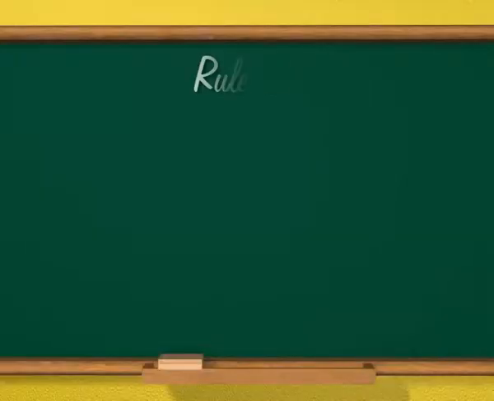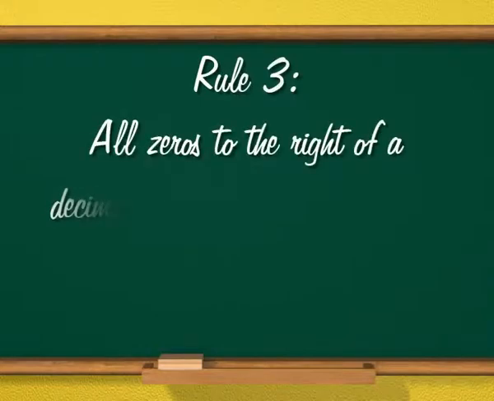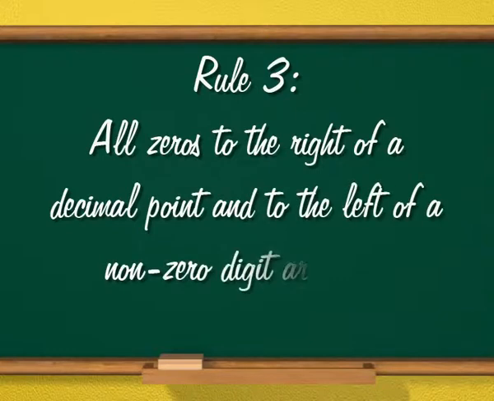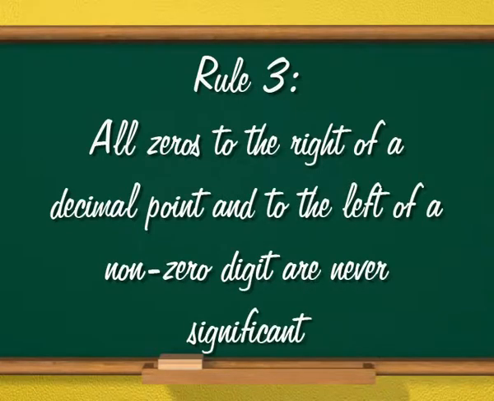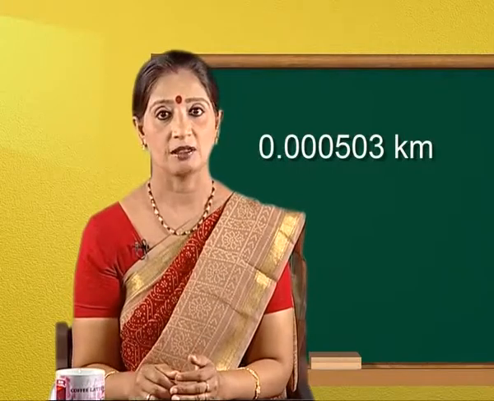The third rule is all zeros to the right of a decimal point and to the left of a non-zero digit are never significant. Let us now express the given value of 5.03 decimeter in kilometer. The value would be 0.000503 kilometer.